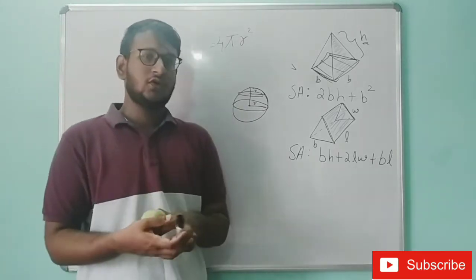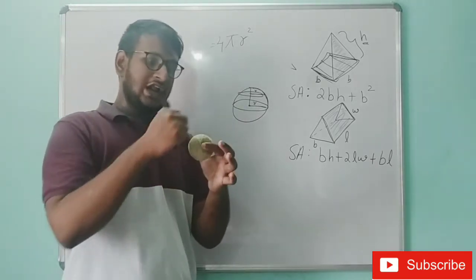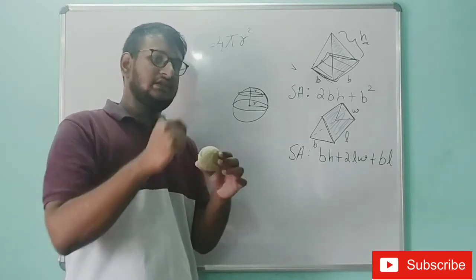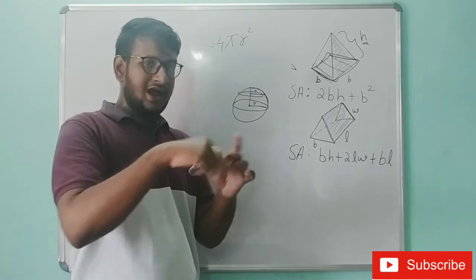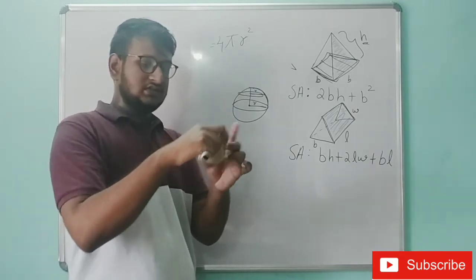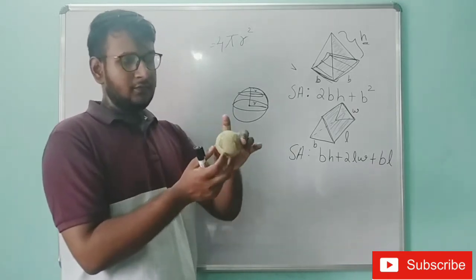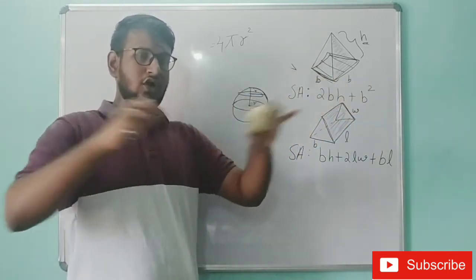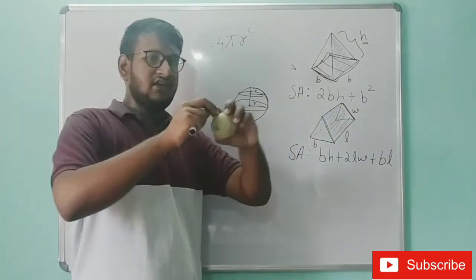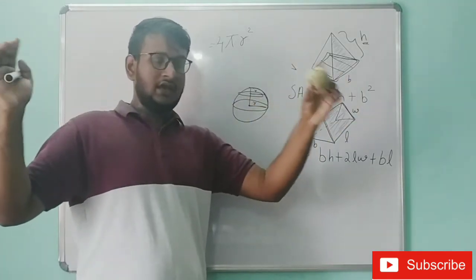See, I have taken a small tennis ball and I am going to wrap this tennis ball with a string, a thread. I am going to wrap it fully from top to bottom, and then I am going to unwrap the thread. Then I will get a length of thread.